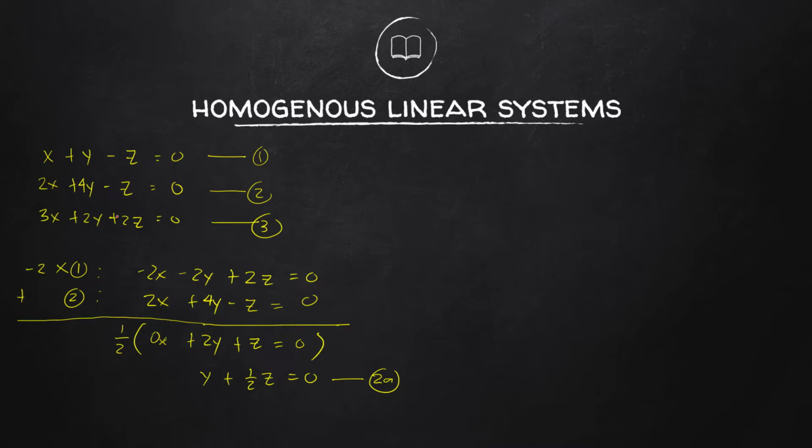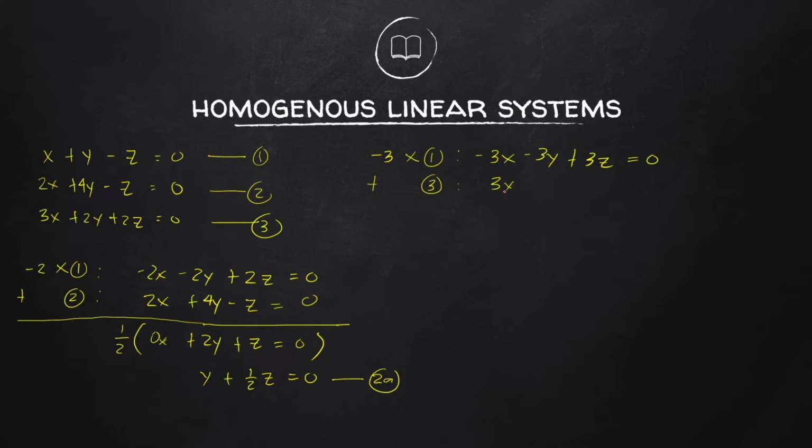So for the third equation, to eliminate the x variable, let's do a process of elimination by multiplying the first equation by -3. So we have -3 multiplied by equation 1. This would be -3x minus 3y plus 3z, and this would be equal to 0. And then add equation 3.